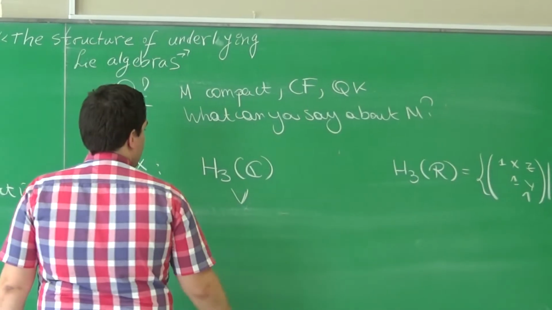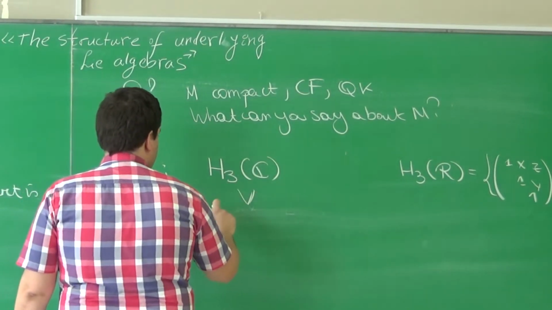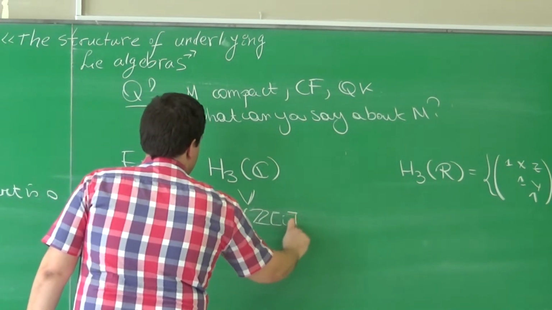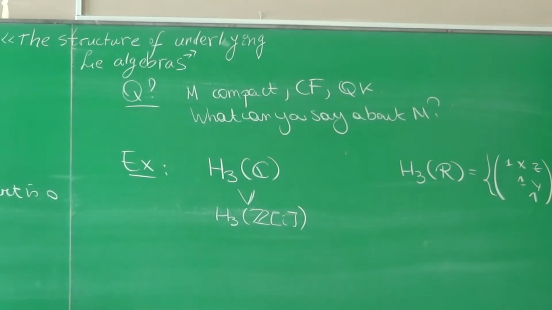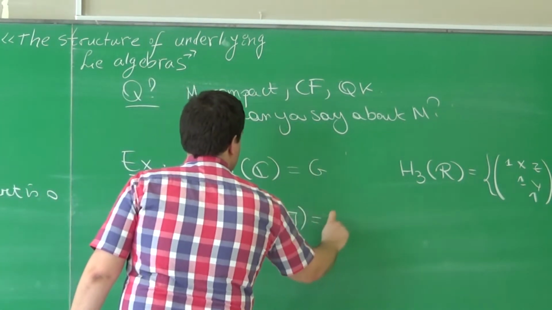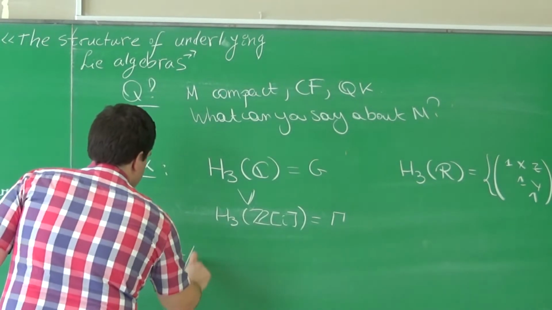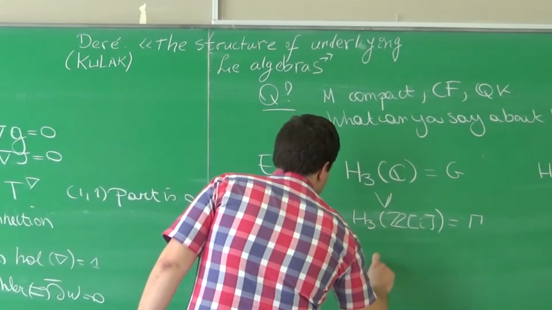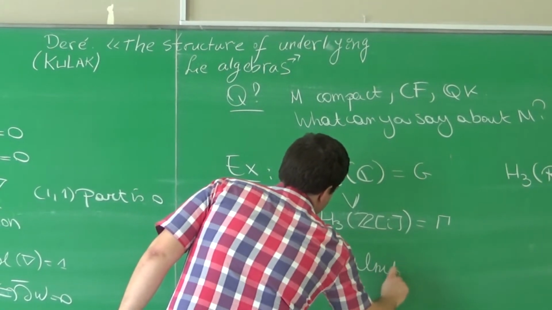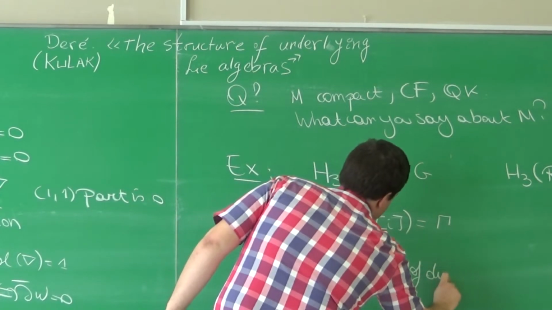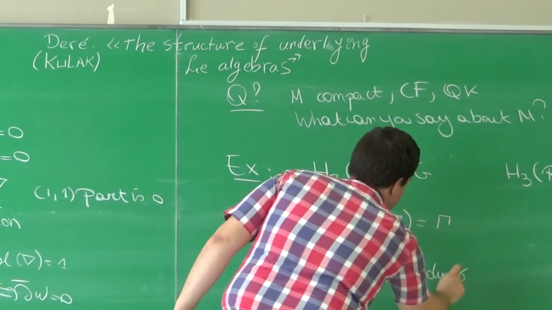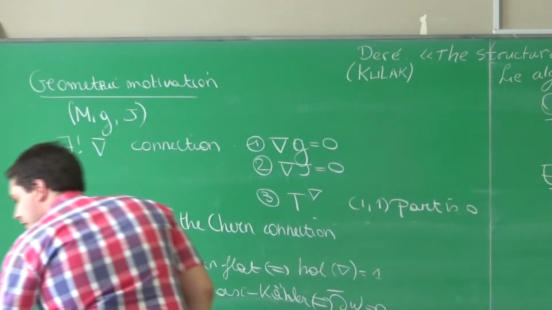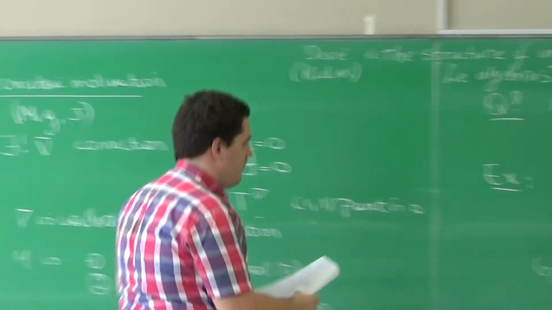And in this complex Lie group, which we call G, you have a lattice, for example this one, which we call gamma. And the quotient manifold is a 6-dimensional nilmanifold. That's the easiest example you can get of a manifold with these properties. It's called the Iwasawa manifold.